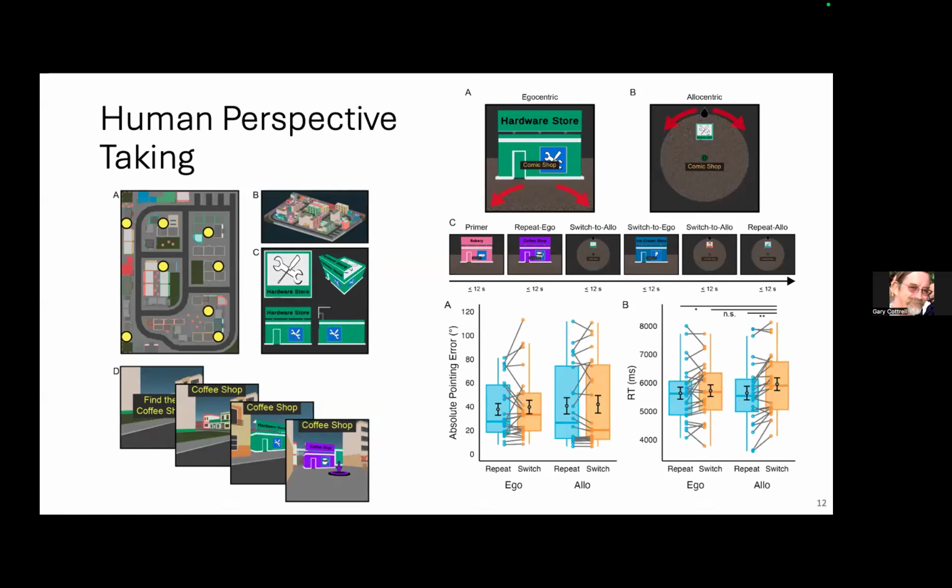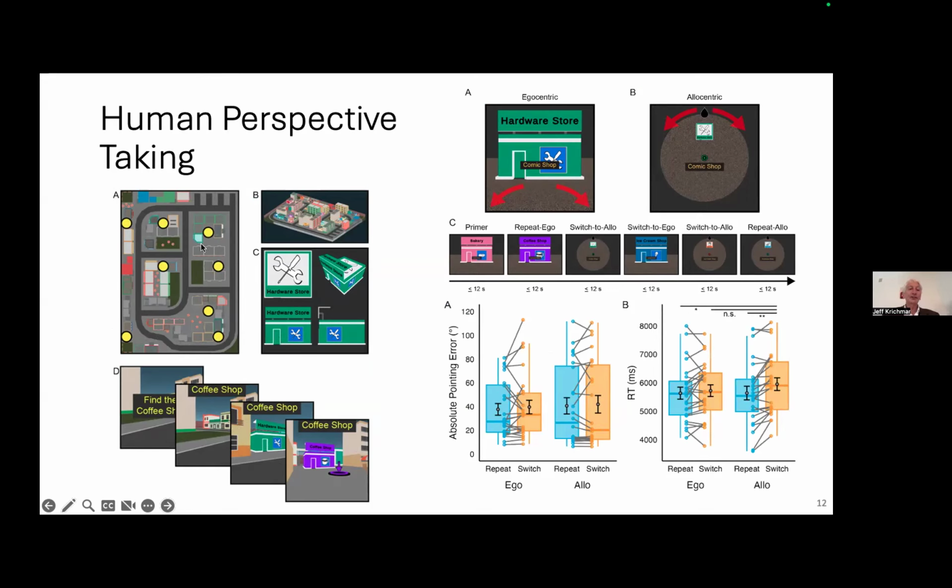There's work, at least behaviorally, and we'll probably do imaging soon with a human perspective taking task. So, and I hope I get this right, people go around this town in this virtual environment, and they're looking for different stores.